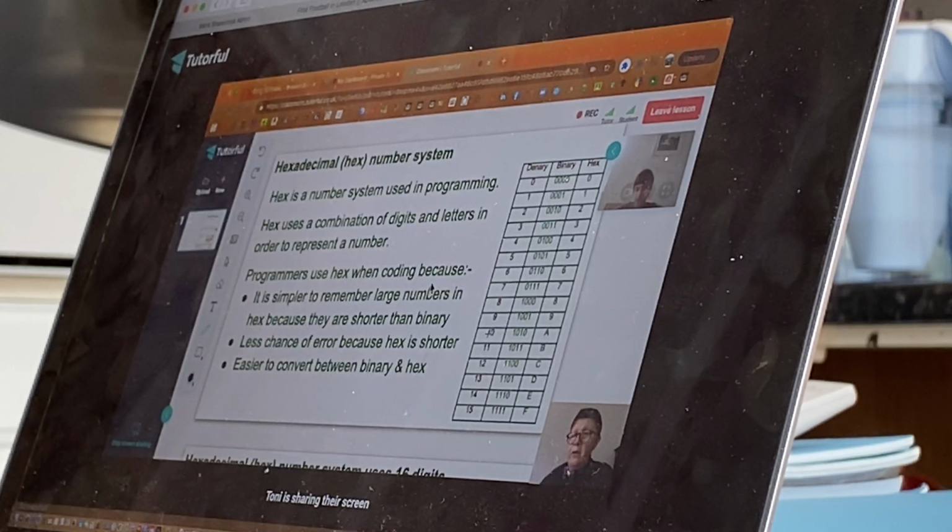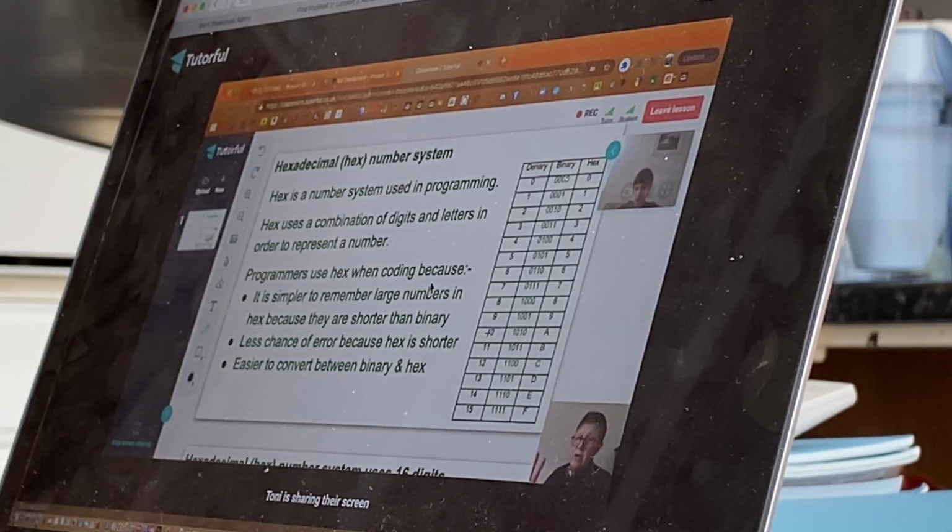So if we have a full byte of zeros and ones, 0101, 11101, etc., we can't actually remember it because we're human. So what programmers started to do was to use hexadecimal, which actually uses the numbers 0 up to 9, and then it stops, and it uses A, B, C, D, E, F. There are no letters after F. It stops at F.